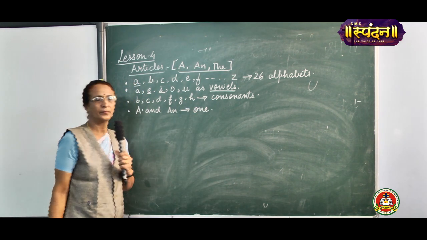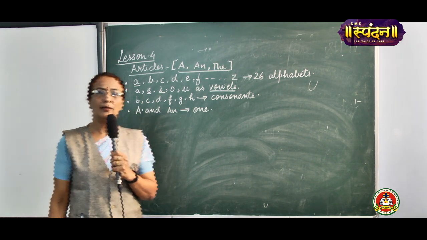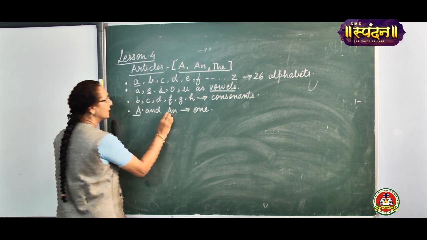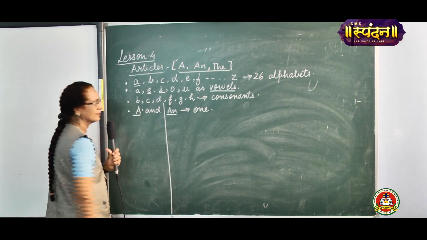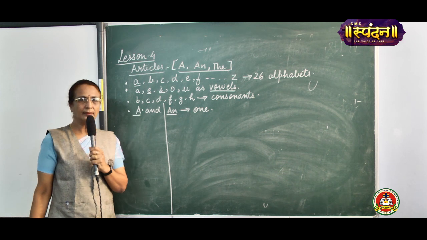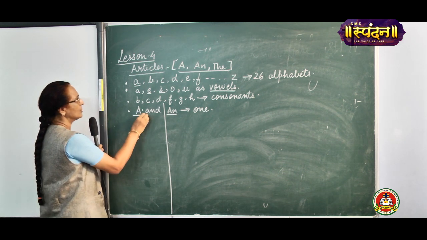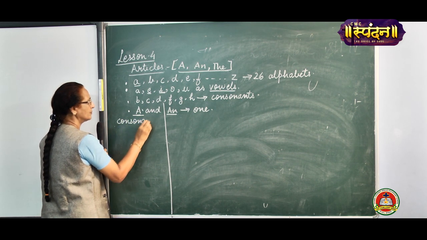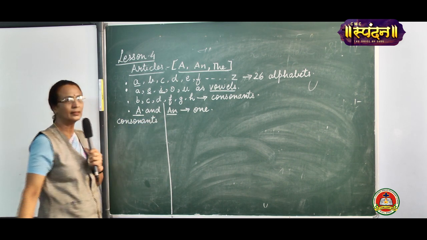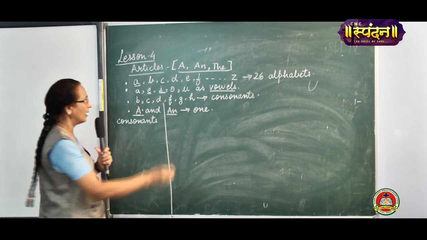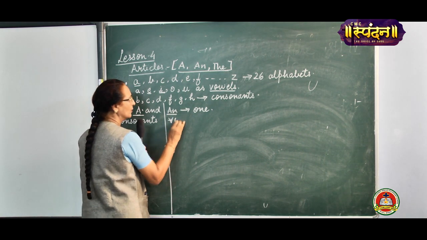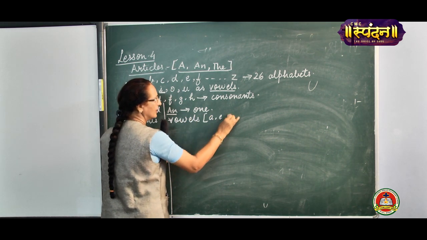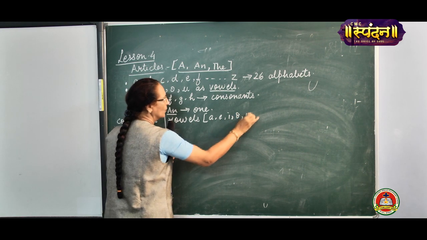But where is a used and where is an used? Is that clear? A is used before the consonant sound, and an is used before vowels. That is A, E, I, O, U.